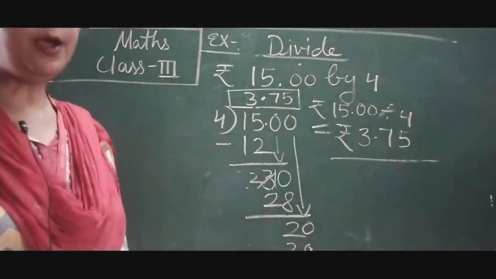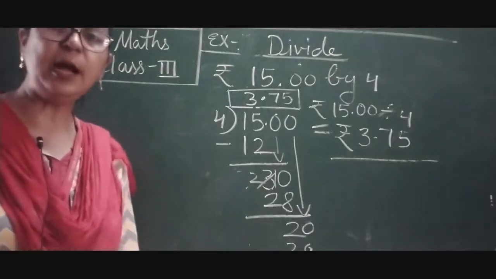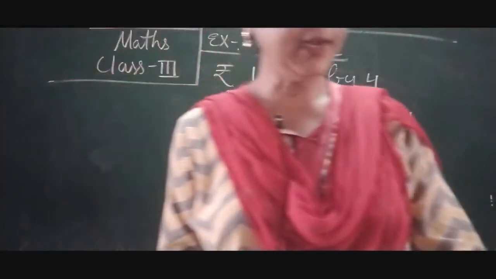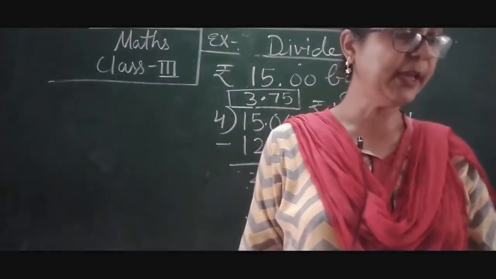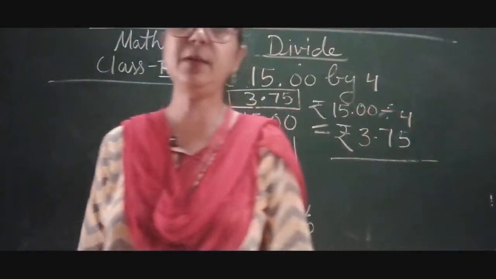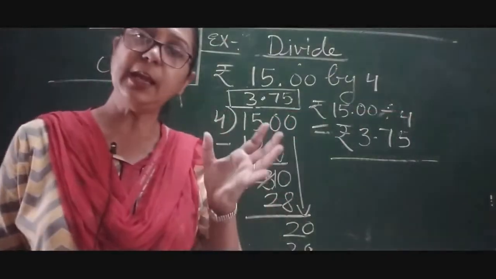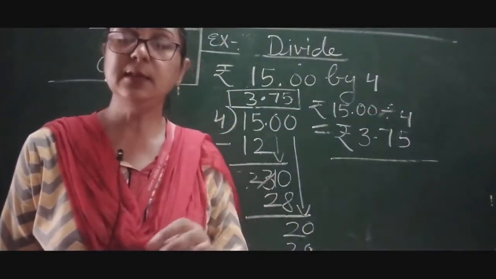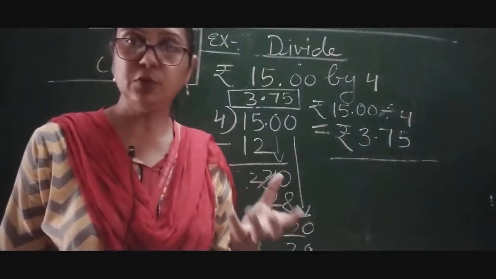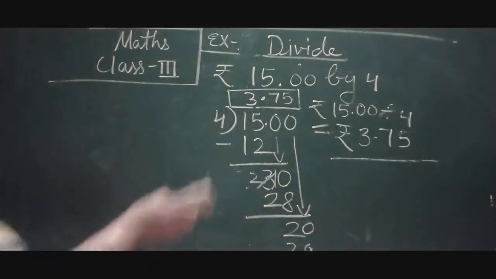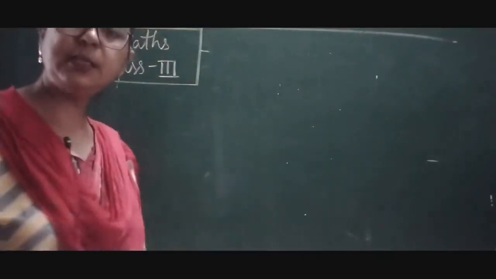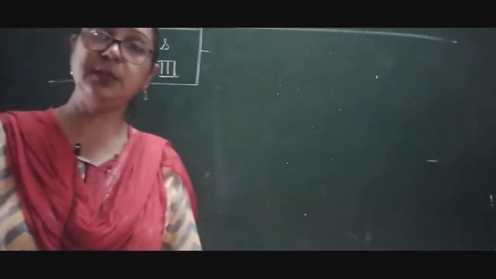Now we are going to start our exercises. So let's start our exercise. Exercise number 7.7, children. After these examples, we are able to solve exercise number 7.7. You can find this exercise on page number 126 in your Perfect Composite Mathematics.